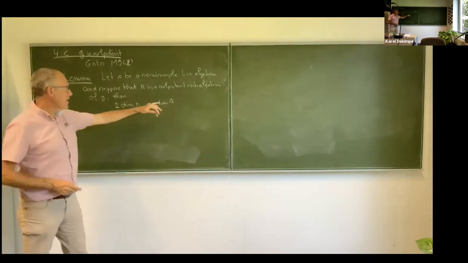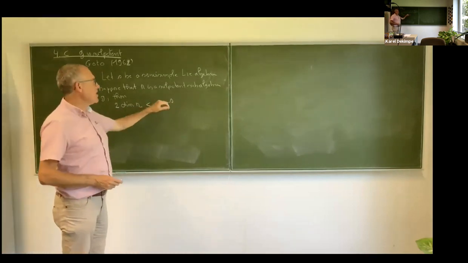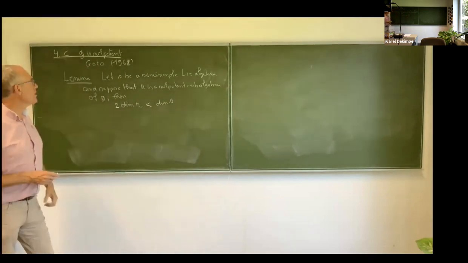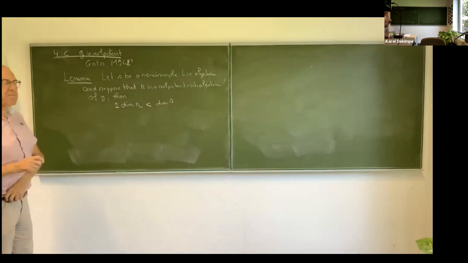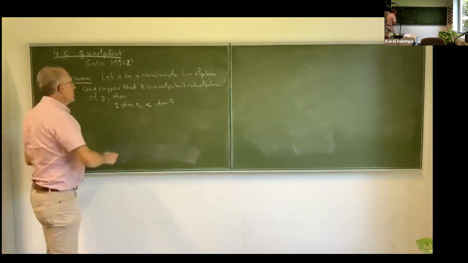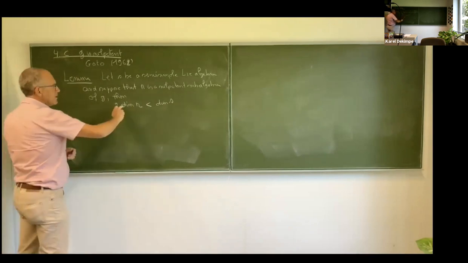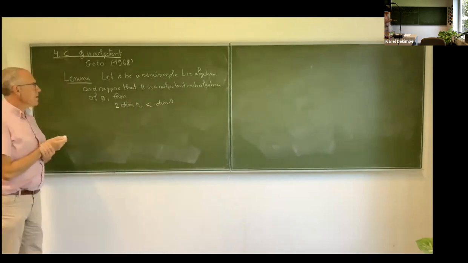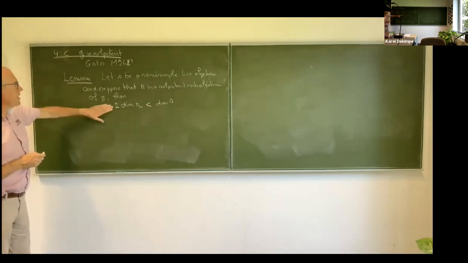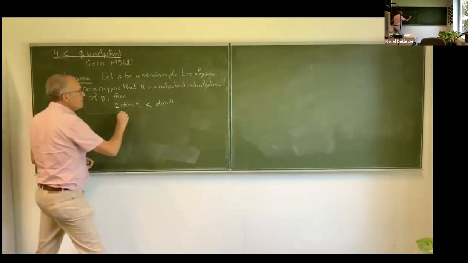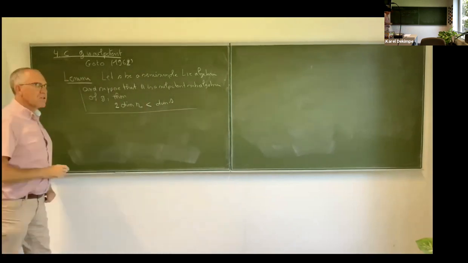He says that this is smaller than the dimension of S minus the rank of your semisimple Lie algebra, but I do not need the sharp bound. I just need this inequality.